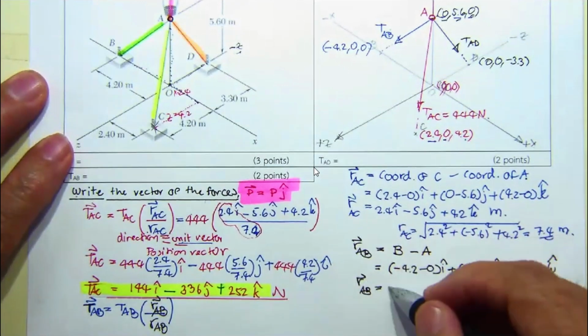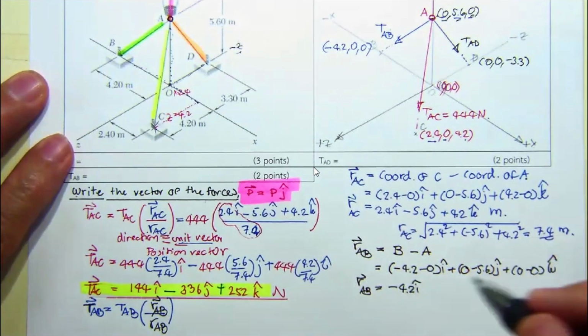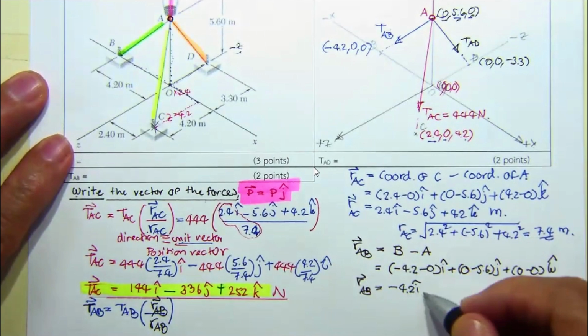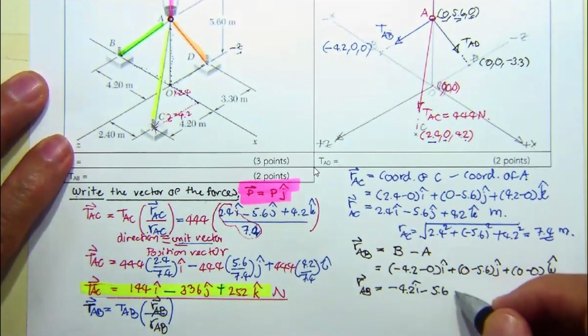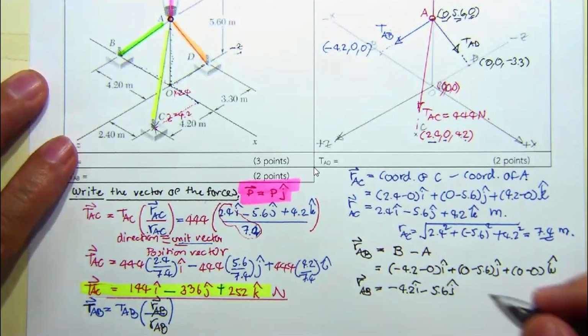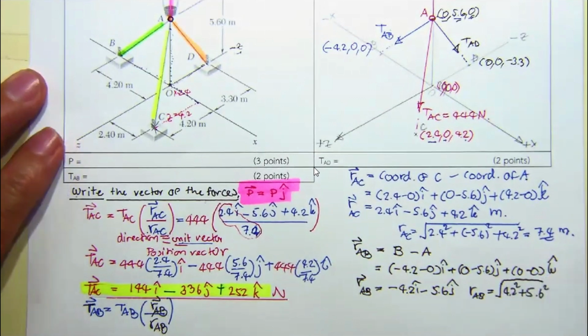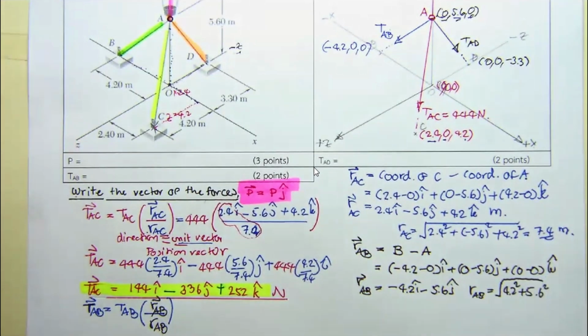Okay, so r sub AB, the position vector, is going to be minus 4.2 I and then minus 5.6 J. And then the magnitude of r sub AB is equal to the square root of 4.2 squared plus 5.6 squared. What did you get? 7.0.